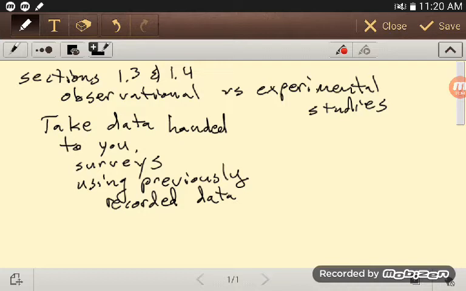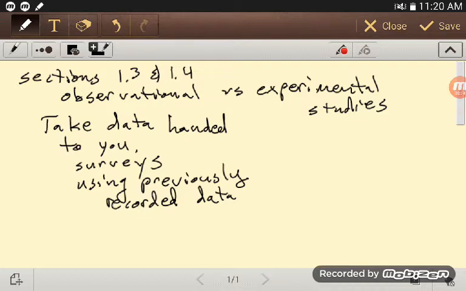I might go into people's transcripts because I want to know how math courses help them out or something like that. If I just go in and ask for the data that was recorded previously, not based on my study, then that's definitely an observational study.